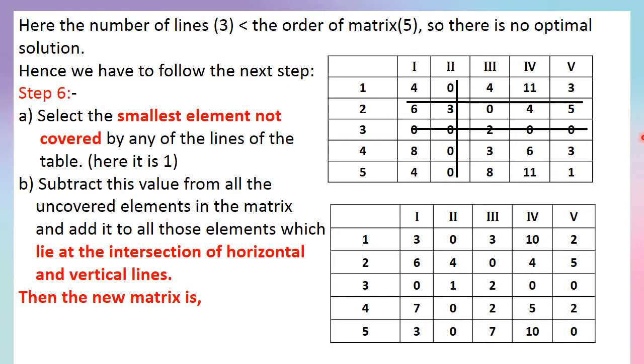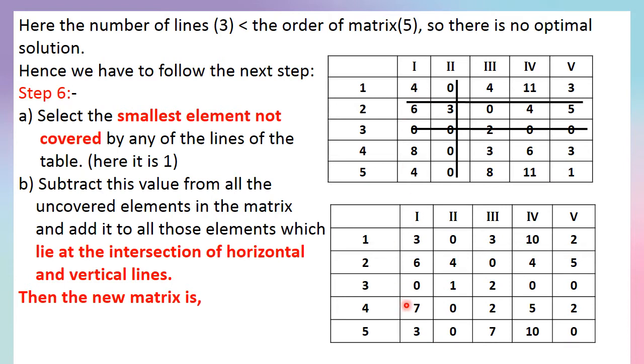So 1 is to be subtracted from the uncovered elements. Which are the uncovered elements? 4, 11, 3, then 8, 3, 6, 3, 4, 8, 11, 1. So 1 is to be subtracted from these.